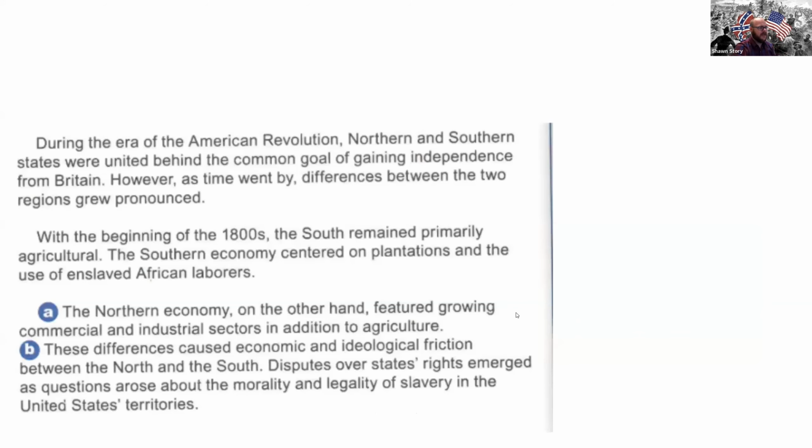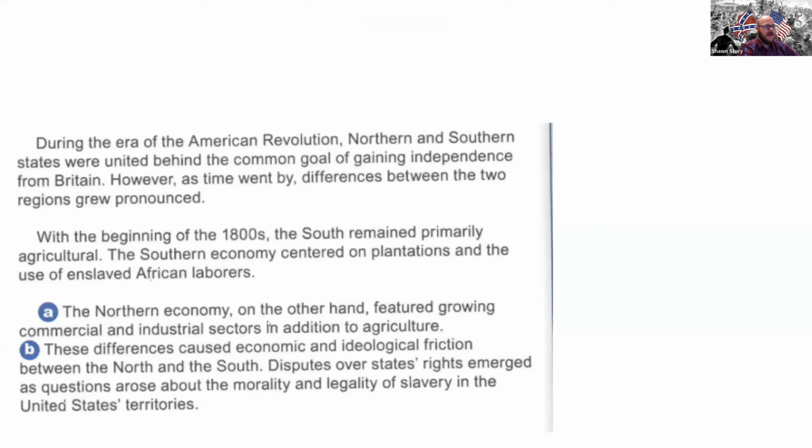So, our first reading. During the era of the American Revolution, northern and southern states were united behind the common goal of gaining independence from Britain. However, as time went by, differences between the two regions grew pronounced. With the beginning of the 1800s, the South remained primarily agricultural, and the Southern economy centered on plantations and the use of enslaved Africans.